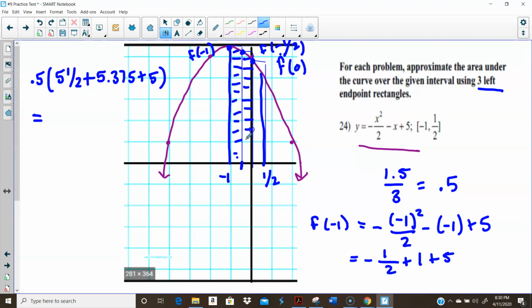So there's my second rectangle, and here's my third rectangle. You can see that the area is a little over the actual area. And so this is going to give me 7.938. And I'm really hoping that that answer choice is there.